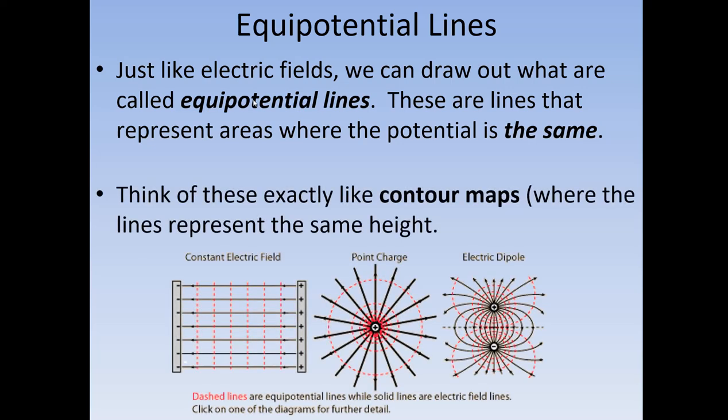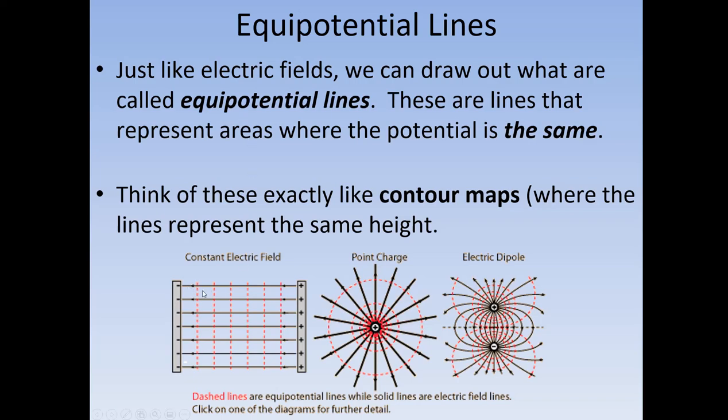Now, I mentioned before that the field lines that you've drawn for electric fields and for gravitational fields are like contour maps. This is actually exactly contour lines, because just like with contour lines where a line represents the same height, this represents same potential, which, as I mentioned before, is pretty much the mass equivalent to height.